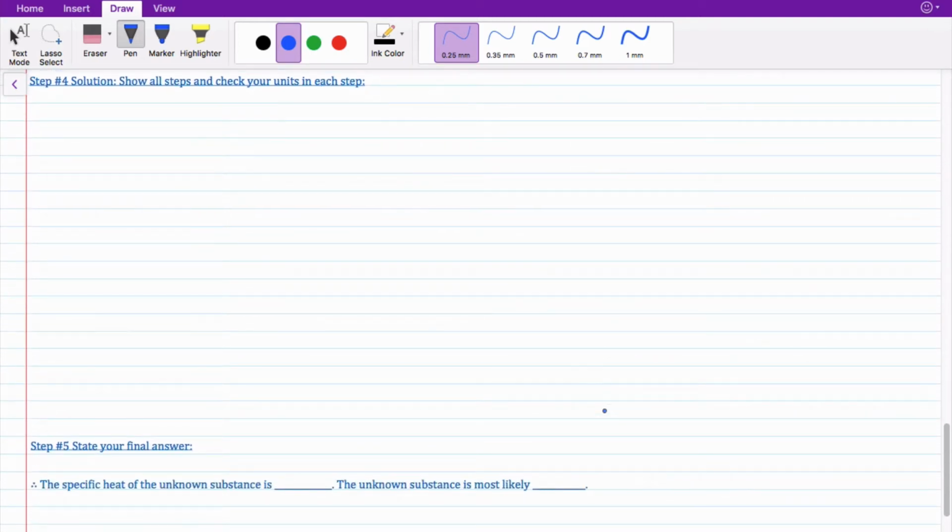Show all steps and check your units in each step. So once again, get your Q, that's in kilojoules, equals M, your mass, in kilograms, times your specific heat, just kilojoules per kilogram Celsius, times your temperature rise, T2 minus T1 in degrees C.